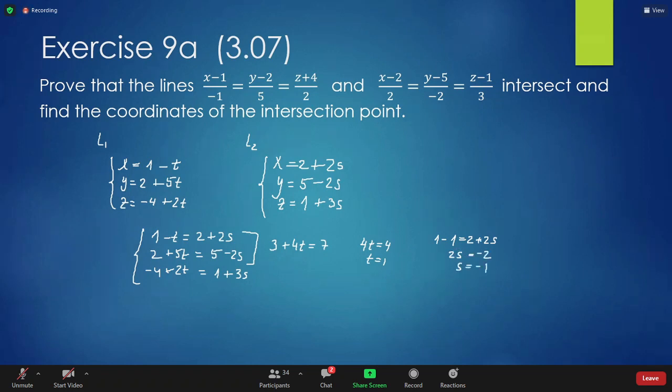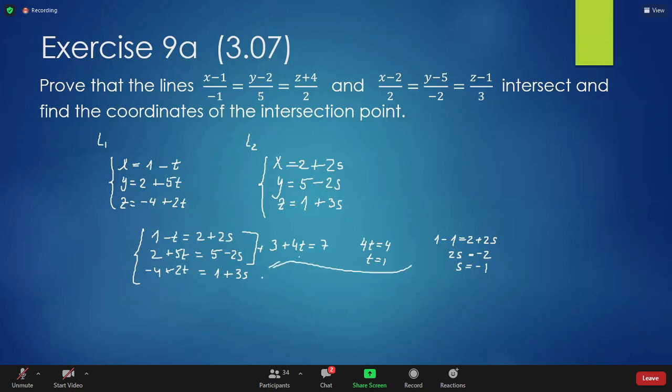So these two numbers, t is 1, s is minus 1, actually work for the first two equations because we found them from the first and the second equation by addition. Again, it's not stated it has to be the first and the second. It could be the first and third, or second and third. It depends on what you find convenient. But now I'm putting t is 1, s is minus 1 into the third equation to check.